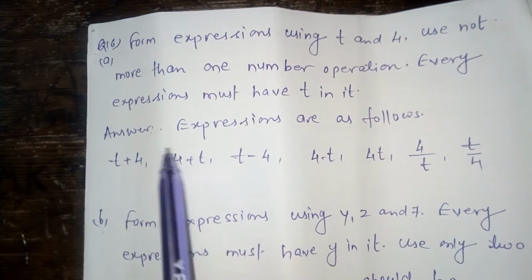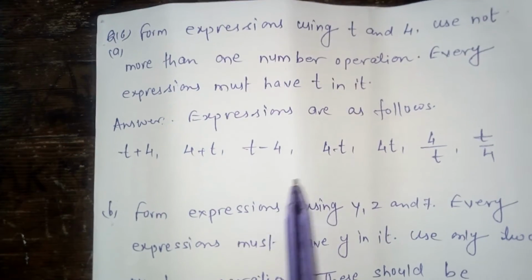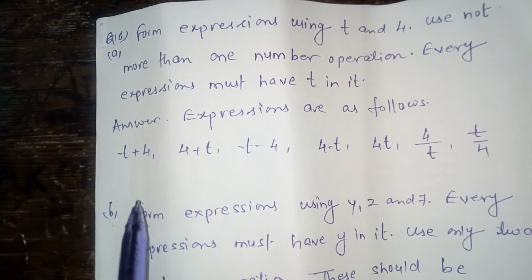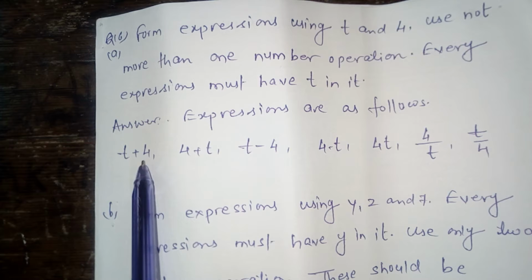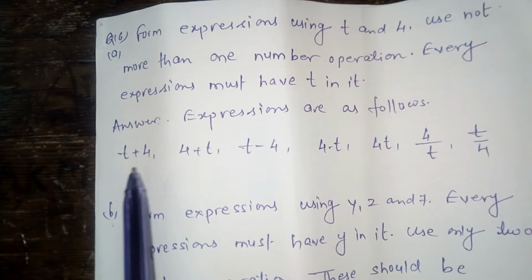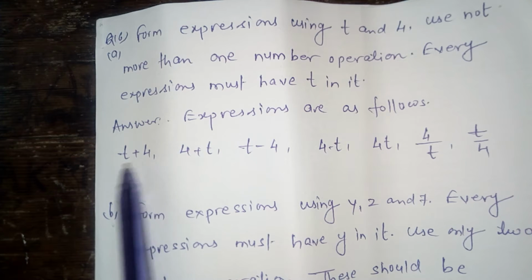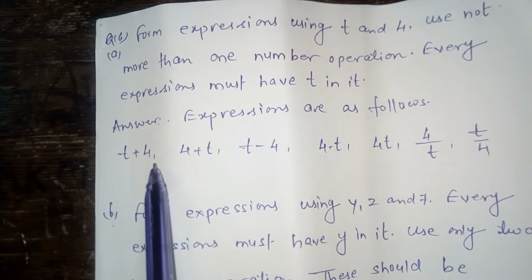Now the answer to the given question is as follows. In this question we can use only one number, that is 4, and only one variable, that is t. So using 4 and t we can make algebraic expressions.